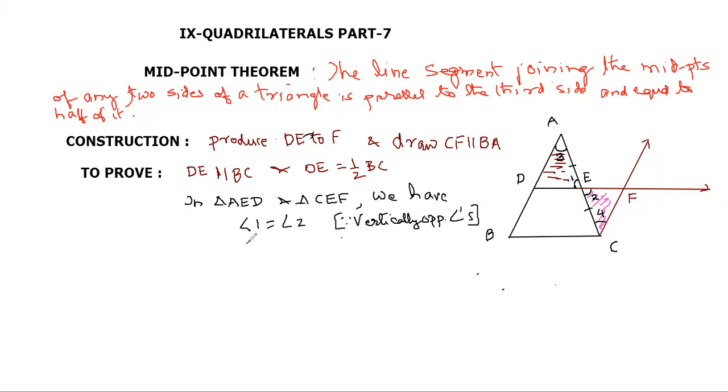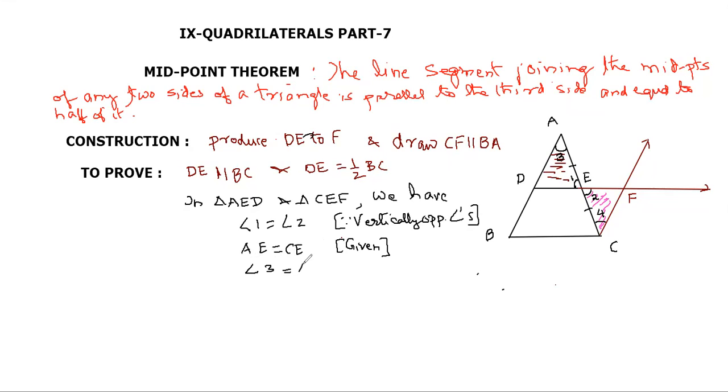Then side AE is equal to CE. It is given that E is the midpoint, so we can write it as given, or we can write E is the midpoint. Both are correct.